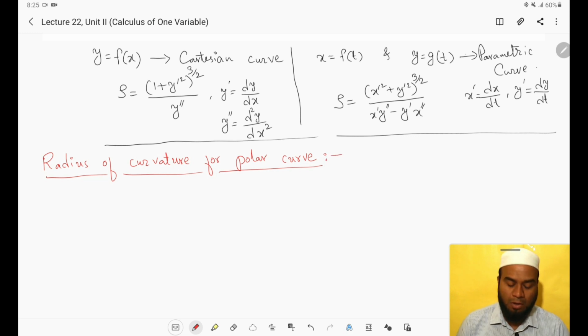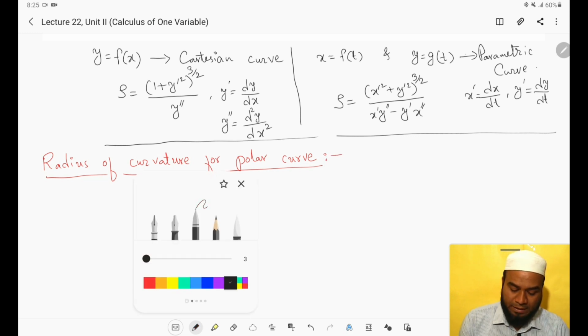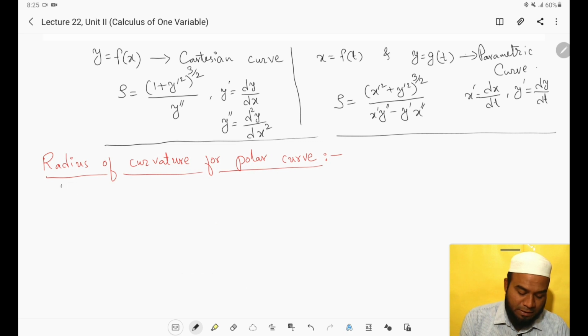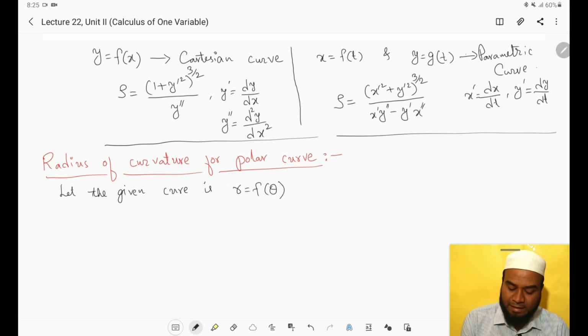So how is it defined? Suppose the given curve is r equals f of theta, right? Instead of x and y, if a relation between r and theta is given in the question, then such a form of the equation is called the polar form of the given curve, right? R equals f of theta.